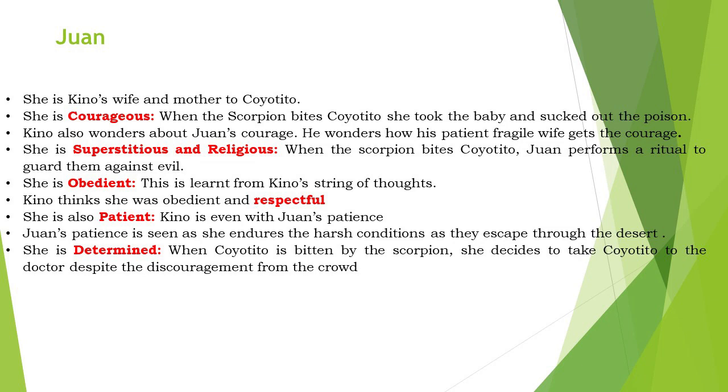Kino also wonders about Juana's courage. He wonders how his patient, fragile wife can be that courageous. We may also say that Juana is superstitious and religious. When the scorpion bites Coyotito, Juana performs a ritual to guard them against evil.